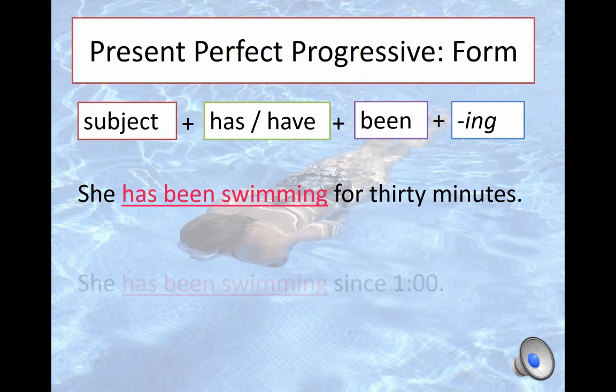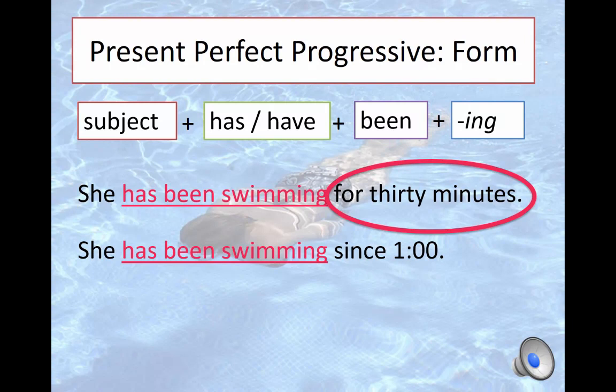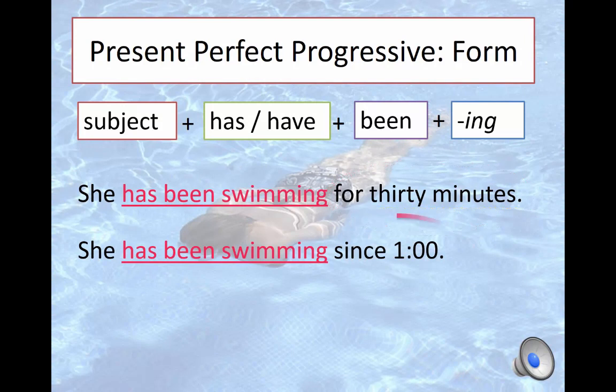We can also say, she has been swimming since 1 o'clock. We use for with an amount of time, like 30 minutes, and since with a specific time in the past, like 1 o'clock, or maybe yesterday.